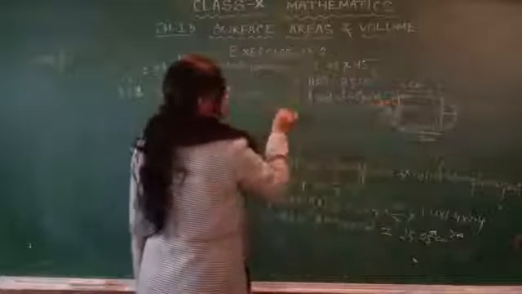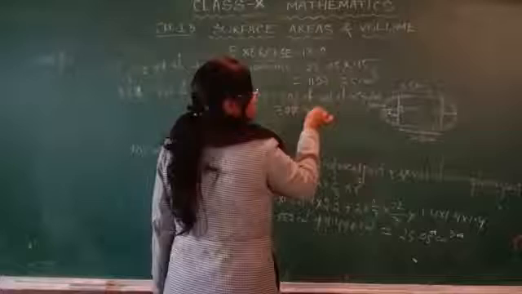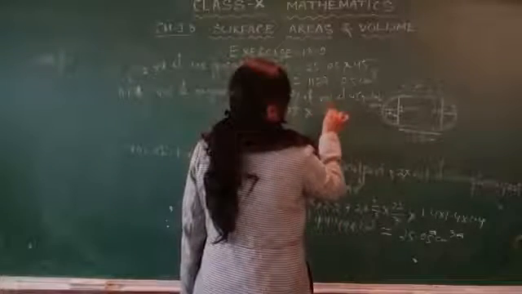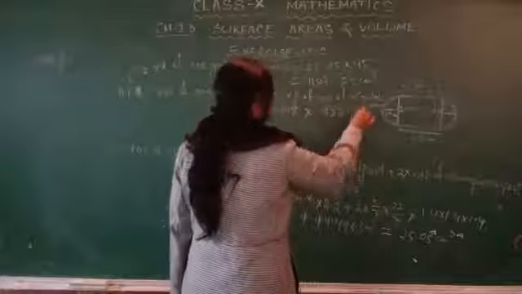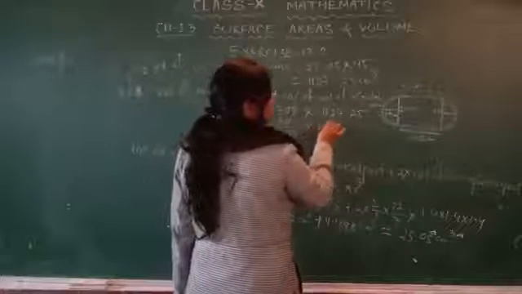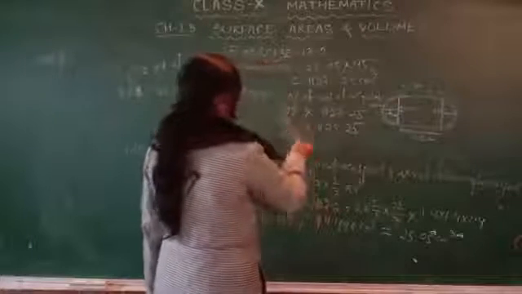So that is 30% of 1127.25. 30% means 30 upon 100 into 1127.25, 0 0 cancel.